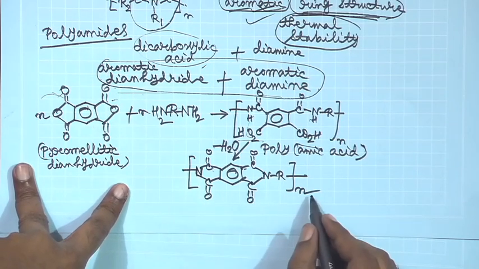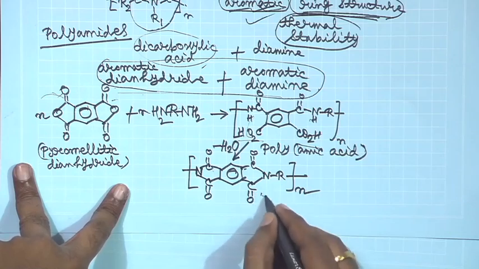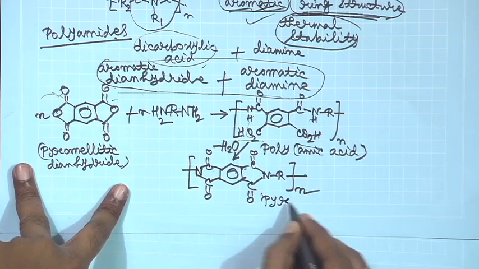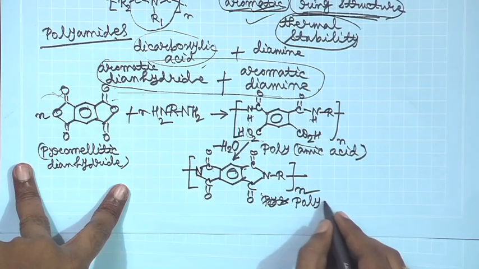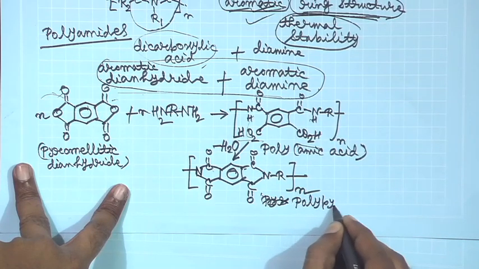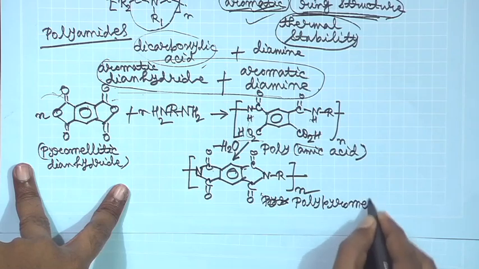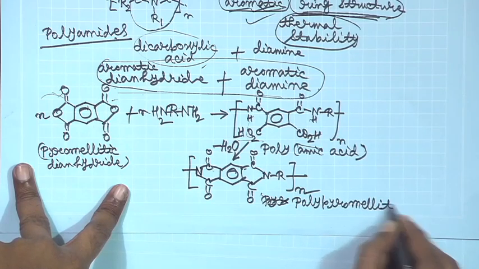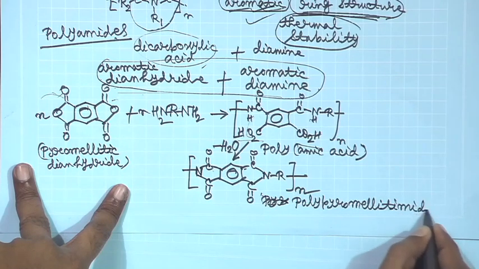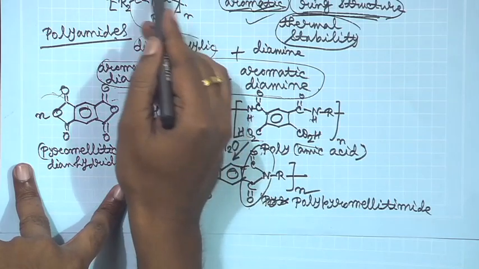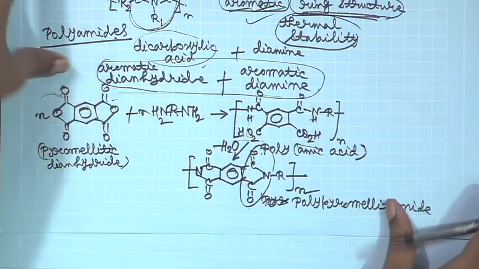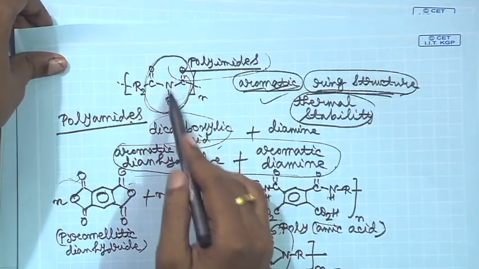In this case, this is your pyromellitimide, because you have this imide linkage, CONCO, present here.